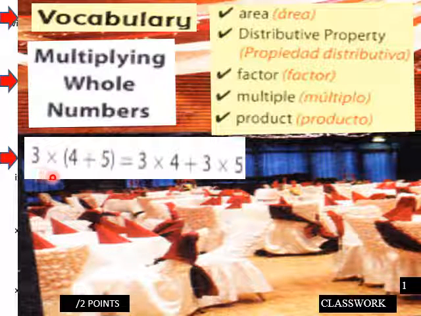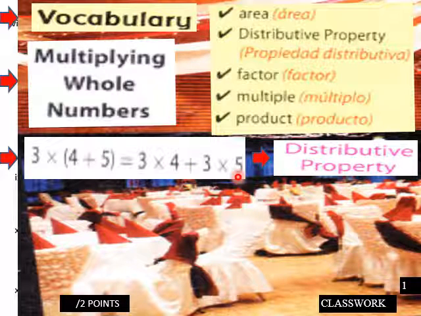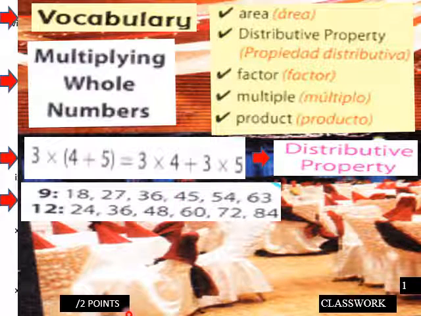And then we have this situation here where we have an expression where we are getting rid of parentheses. That would be the distributive property because we're multiplying 3 through the parentheses here. 3 times 4 plus 3 times 5. And then these are what? These are multiples.